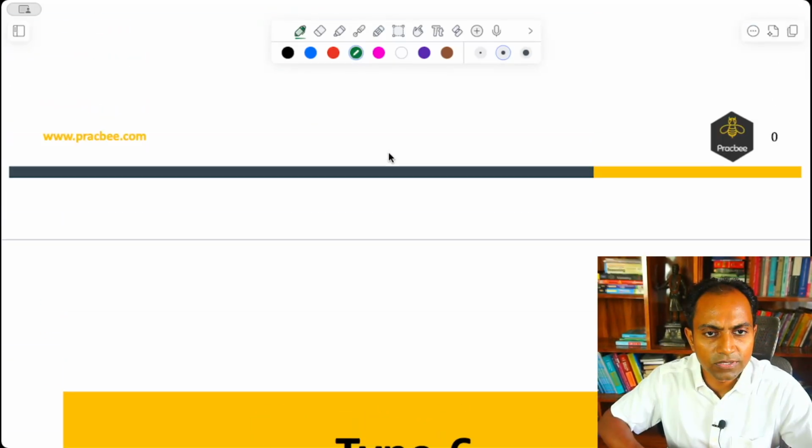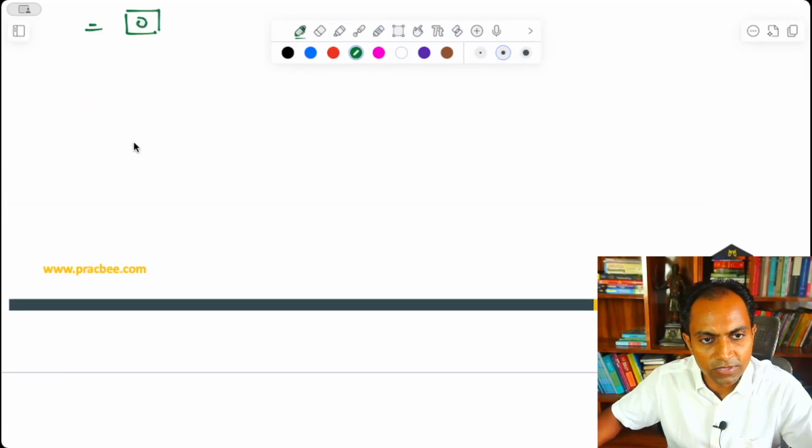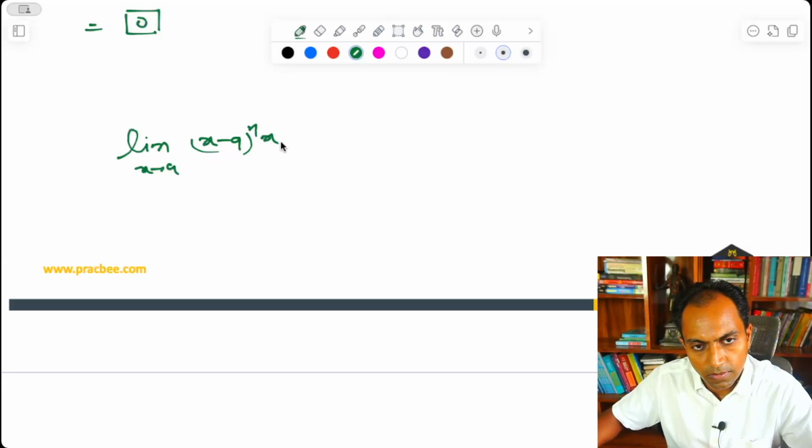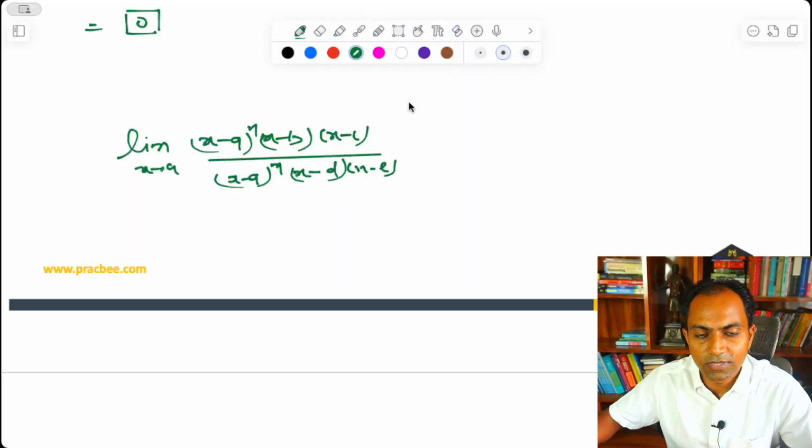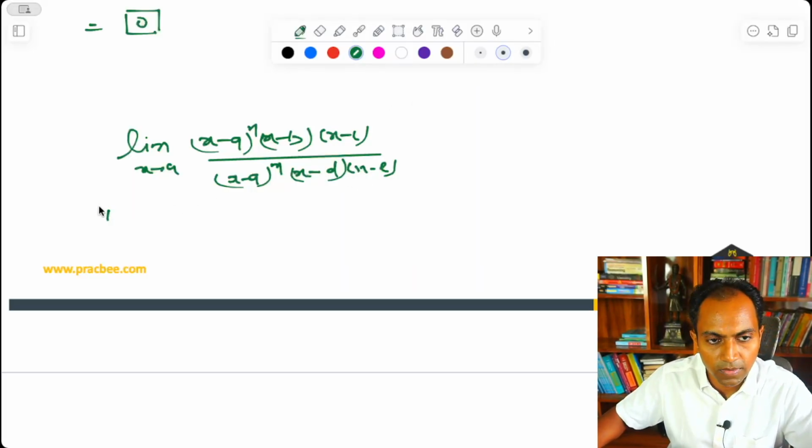So if I generalize all of these ideas, it can be written simply as, if we have limit x tends to a, x minus a raised to the power n into x minus b into x minus c by x minus a raised to the power m, x minus d, x minus e. So what we are saying is there are three things that can happen. First thing is, if n is smaller than m.